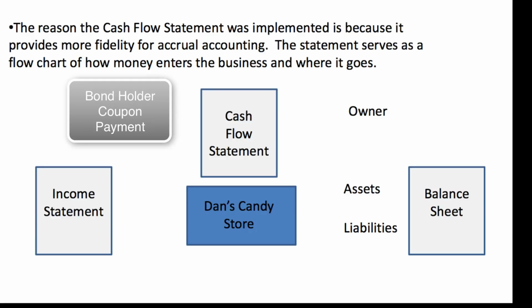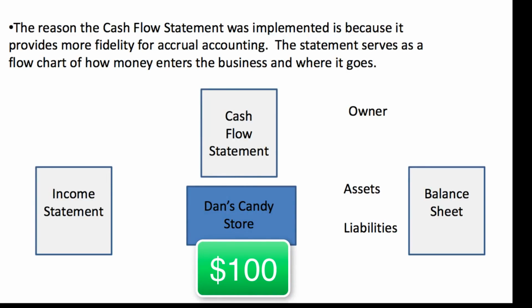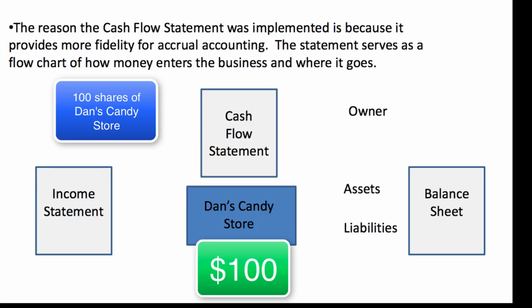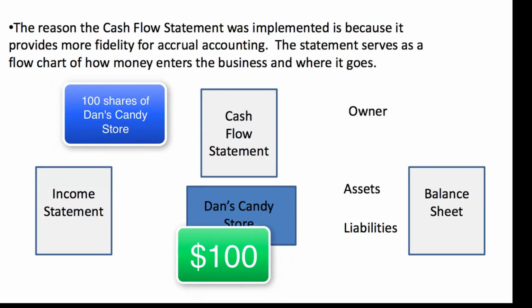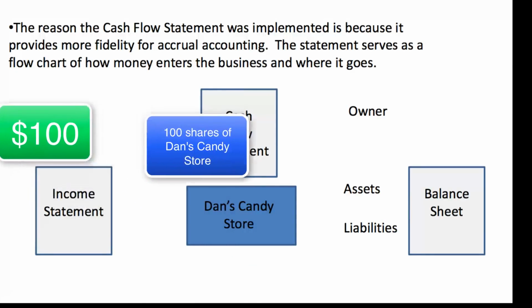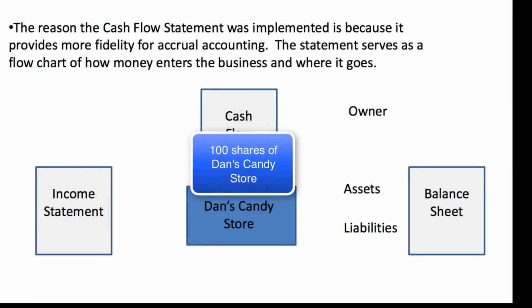But with the cash flow statement, you can now see how much money he's using to pay off his debts and how much money he might be using to retire stock. Let's say before he was raising money by selling stock, let's say he's buying 100 shares back. Let's say there's 200 shares outstanding and he's using $100 in order to buy 100 shares back of his business, because that increases the value of the shares that he's holding. So that would be the incentive for him to do something like that.